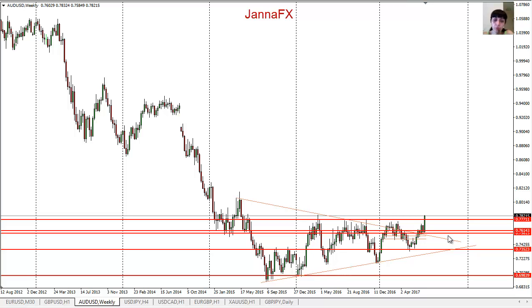I think yes, there will be some important news for the Australian dollar, which, as I'm saying, could move the market in any direction. So at this moment, my strategy is placing orders in both directions. As for the triangle now, I would probably go and remove this level, which is also possible. It could be a possibility, of course, for a false break and return, but I think I'm going to remove that level now.